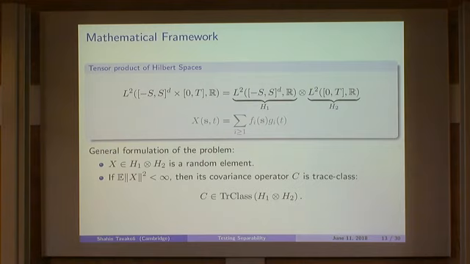Well, remember that the covariance is symmetric and positive definite, it has eigenvalues. Trace class means that the sum of its eigenvalues is finite. You're in infinite dimensions, so it's not automatic. And I write C belongs to the set of trace class operators on H1 tensor H2.